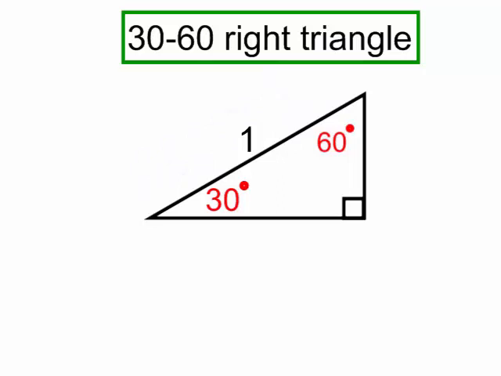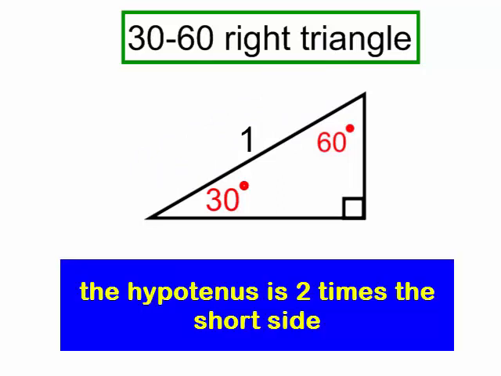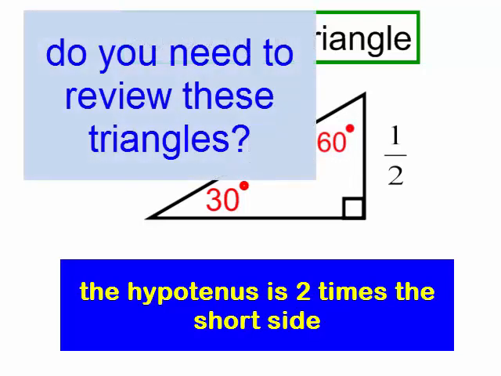Now let's review again. The hypotenuse was twice as long as the short side, which means the short side is half as long as the hypotenuse. Or you could take the short side, which would be 1/2, multiply it times 2, you get 1, which is our hypotenuse.